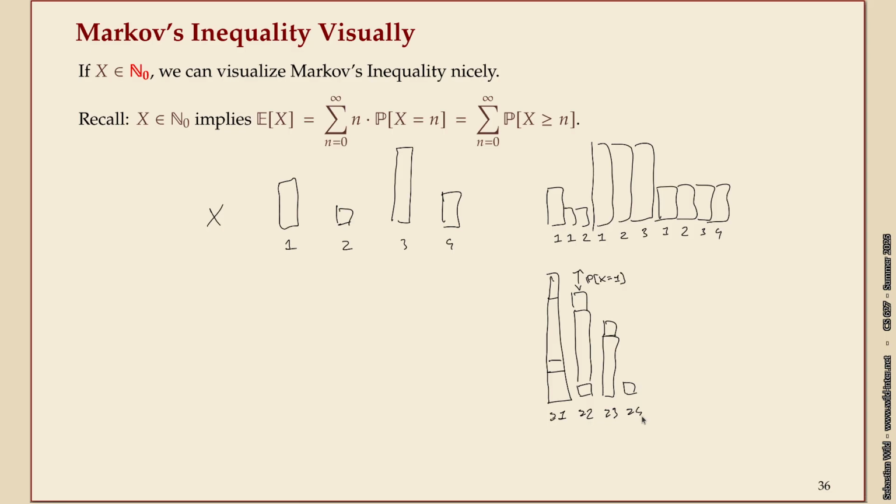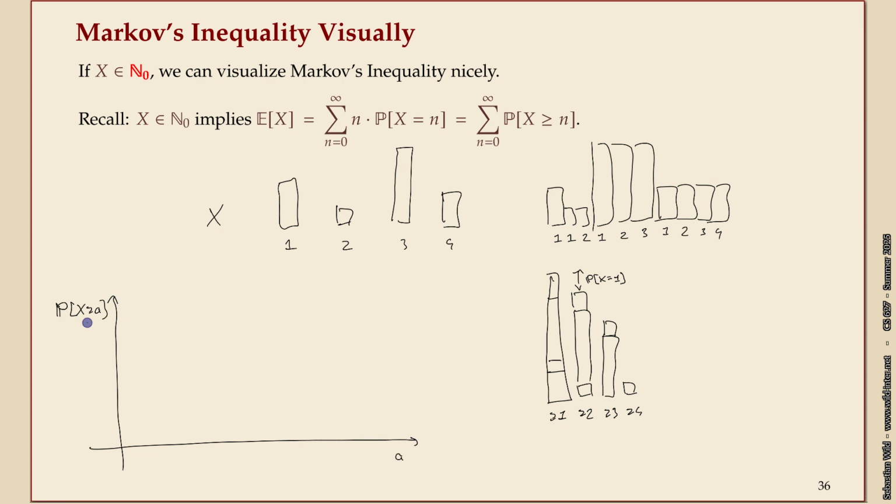Now, what is Markov's inequality doing? If you draw this in the more general case, you would draw the probability that x is greater or equal a and plot that over a.